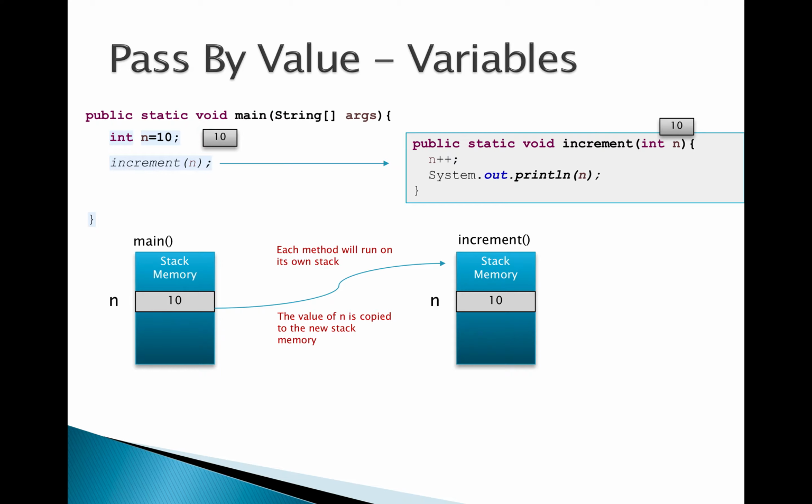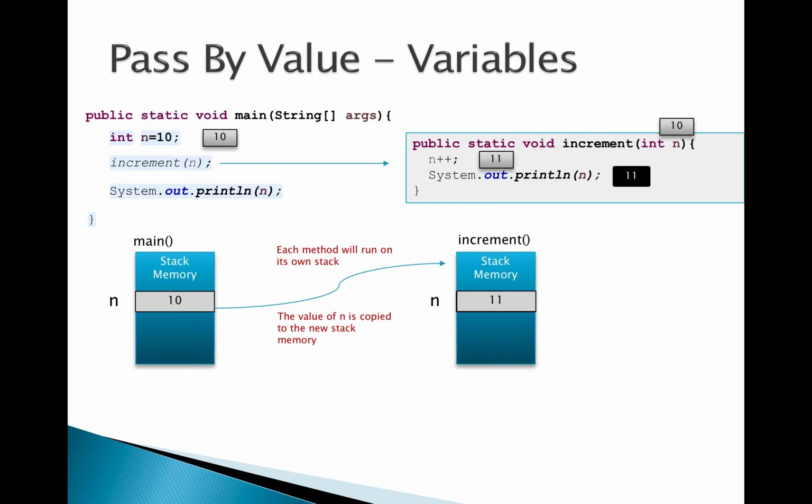Now n plus plus makes it 11, so we are incrementing the n value by 1, and that happens in the stack memory of increment. Now we print the n value, which prints 11. Once 11 is printed, the method is completed, so it returns back to the calling function, which is the main.